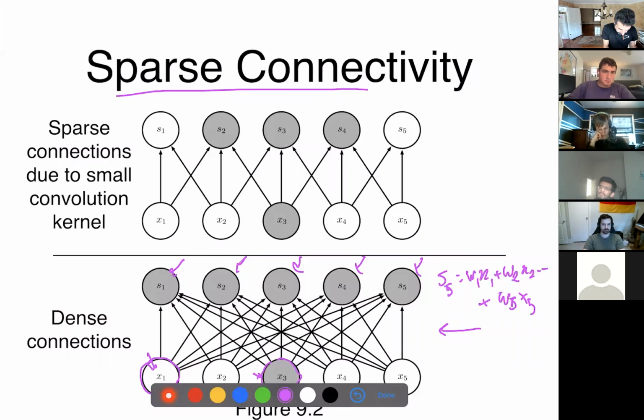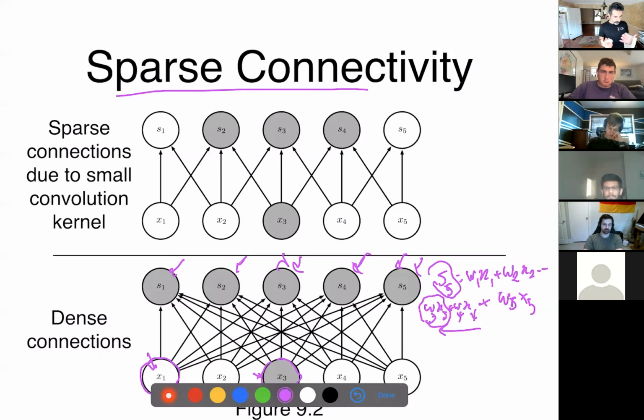So you see this term? This appeared here for calculating S5. Similar for S4, for calculating S3, the same, right? So this little guy affects the value that you get for all of these units in the next layer.